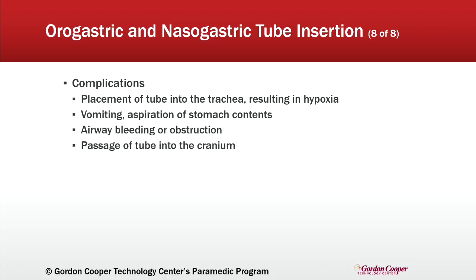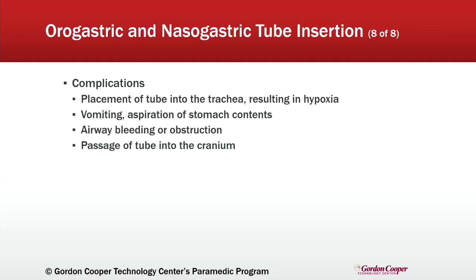Some complications, as mentioned before: the tube can be accidentally placed into the trachea and lead to hypoxia. There's a risk of vomiting and aspiration of stomach contents even while we're putting an NG or OG tube in. Airway bleeding or obstruction can occur, and in rare cases, the tube may pass into the cranial space of the brain.